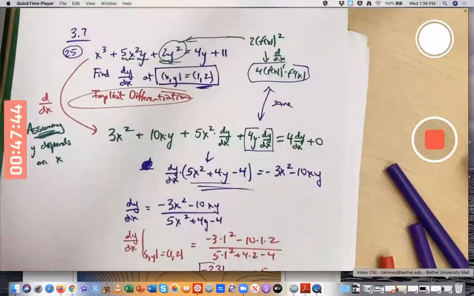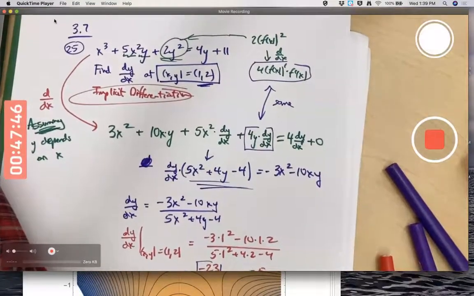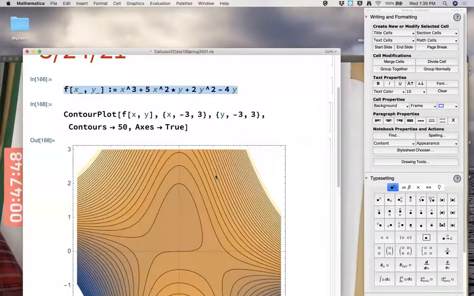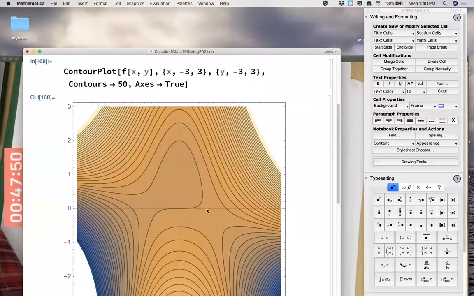Notice the point 1, 2 is, well, at least close to being on this curve. X is 1, y is 2, would be right around here, somewhere close to there. And notice the slope is negative and maybe close to negative 3, or maybe close to negative 2.5.